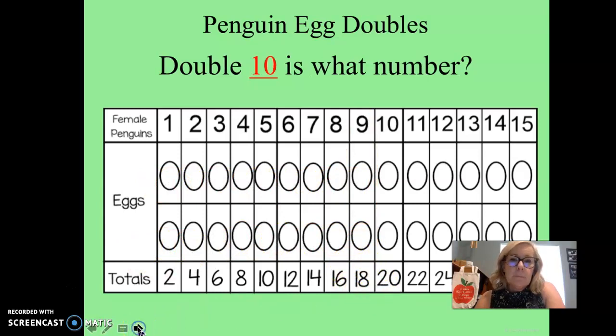Double 10. 10 plus 10 equals 20. Double 13. 13 plus 13 equals 26. Double 14. That's just 2 more. If we know 13 plus 13 is 26, 2 more is 28. 14 plus 14 is 28.